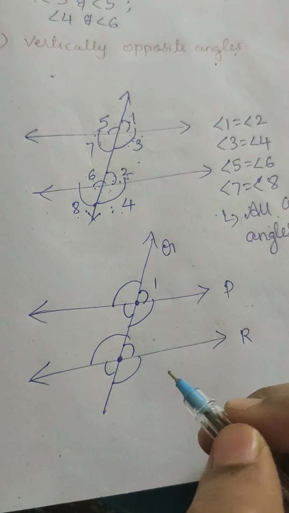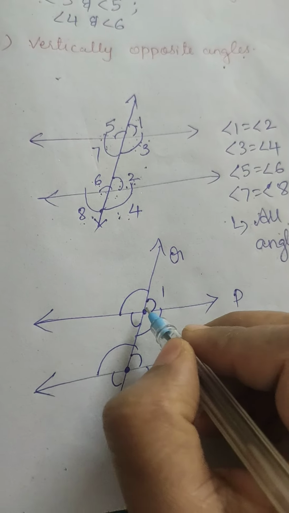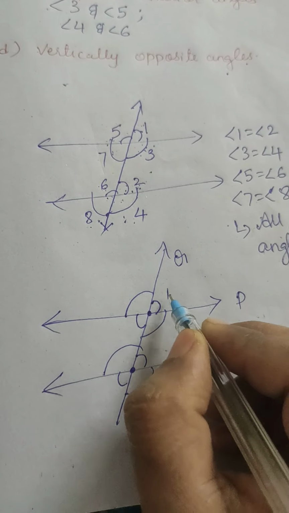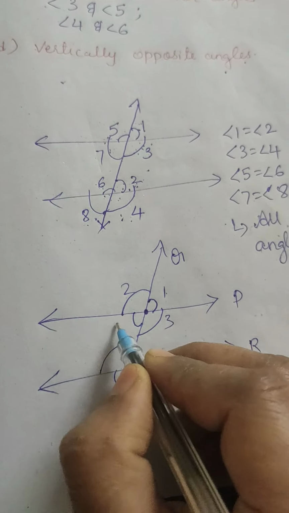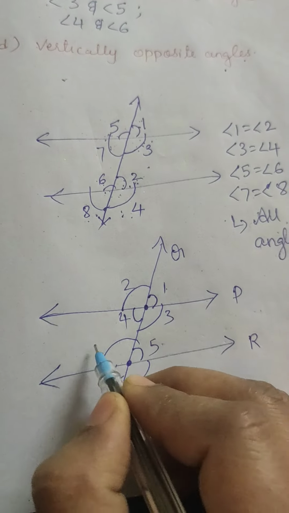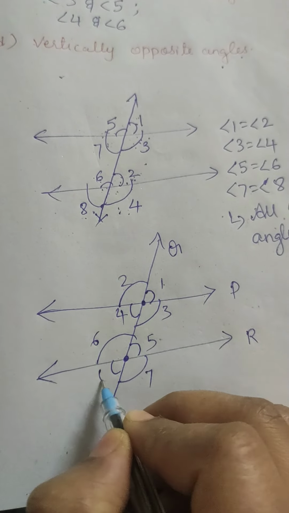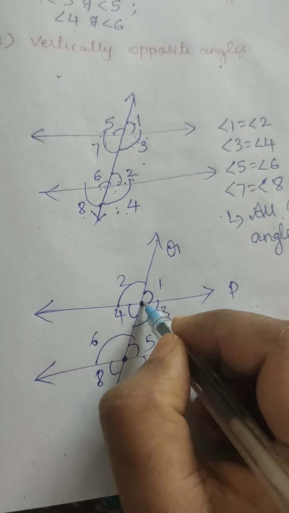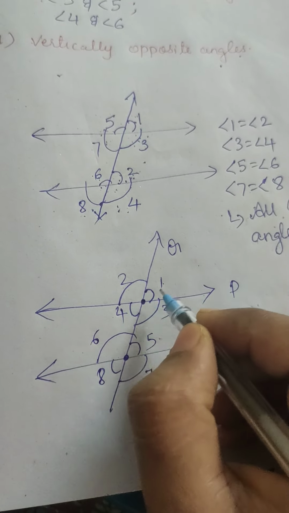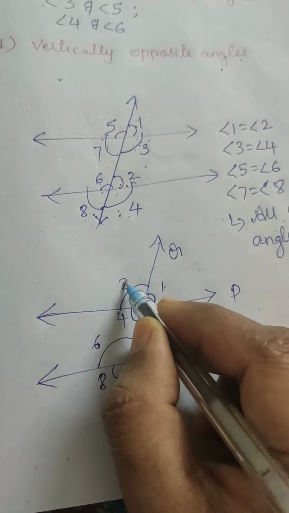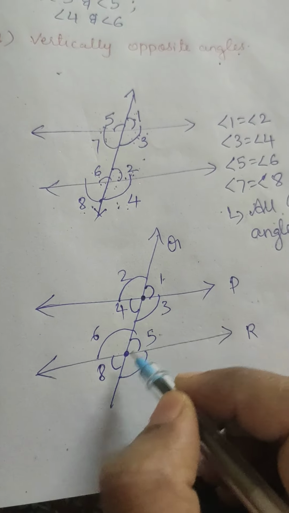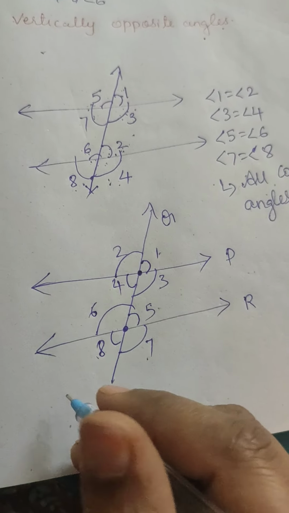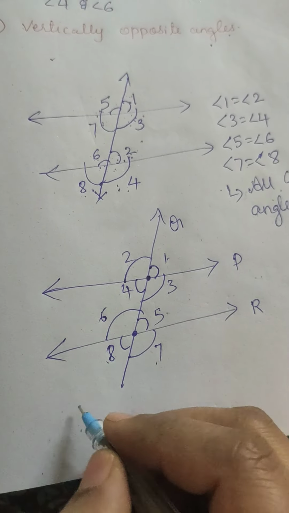These two are vertices. Labeling the angles 1, 2, 3, 4, 5, 6, 7 and 8, what are the vertically opposite angles to this vertex? Opposite angles to the vertex are 1 and 4. In the same way 2 and 3, 5 and 8, and 6 and 7. All these are vertically opposite angles.